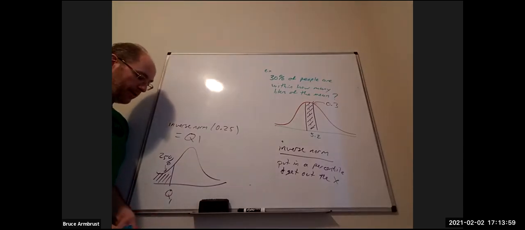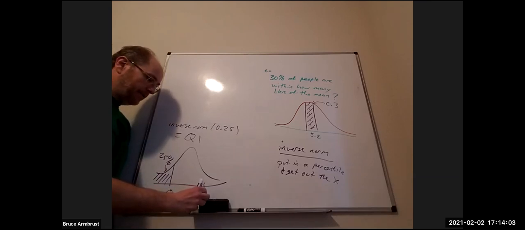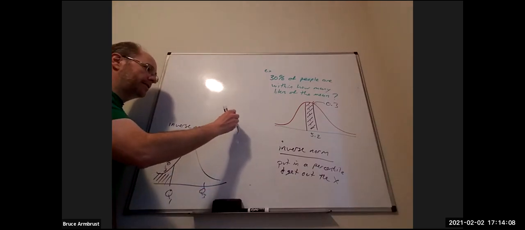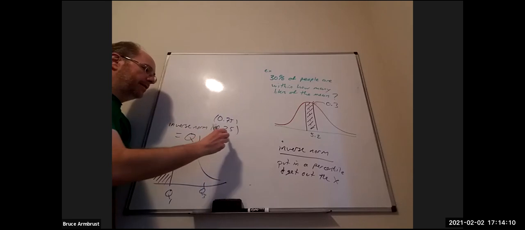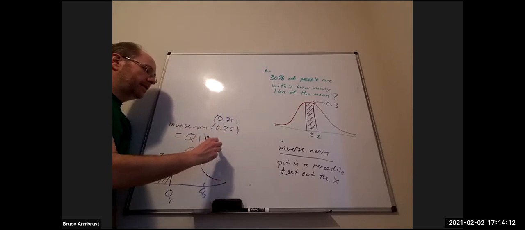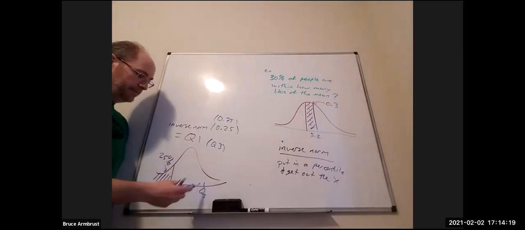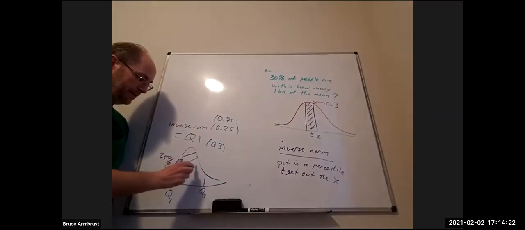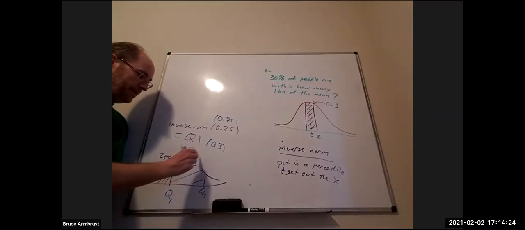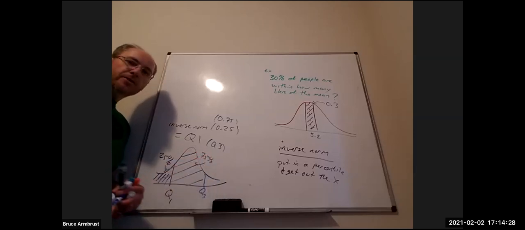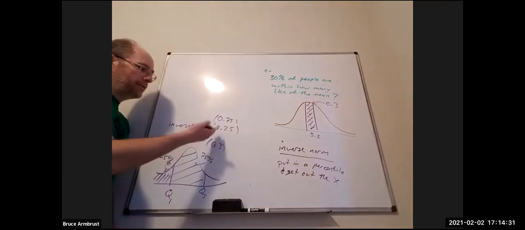If I wanted the third quartile, I want to be out here, I want to be at Q3. If I put in 0.75, that's going to give me Q3. If I want the median, because now this is 75% of the area. So if I want the median or the mean, I would do 0.5.